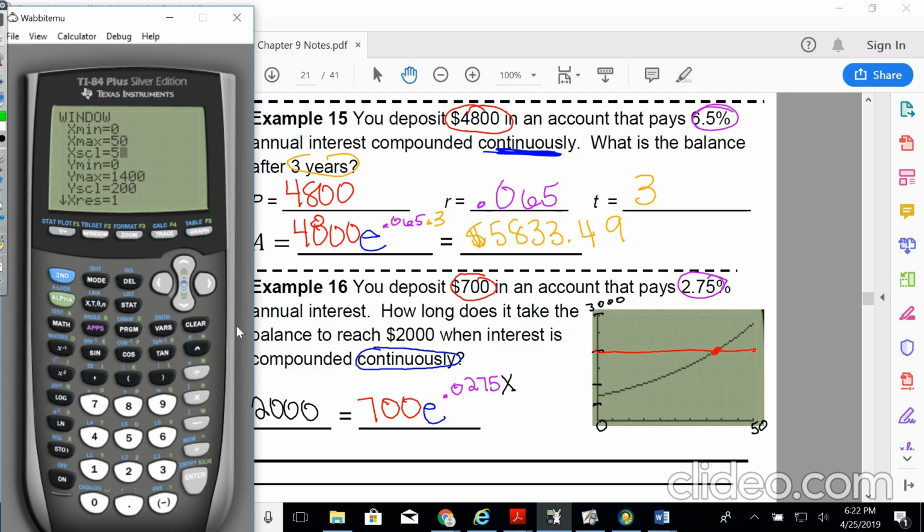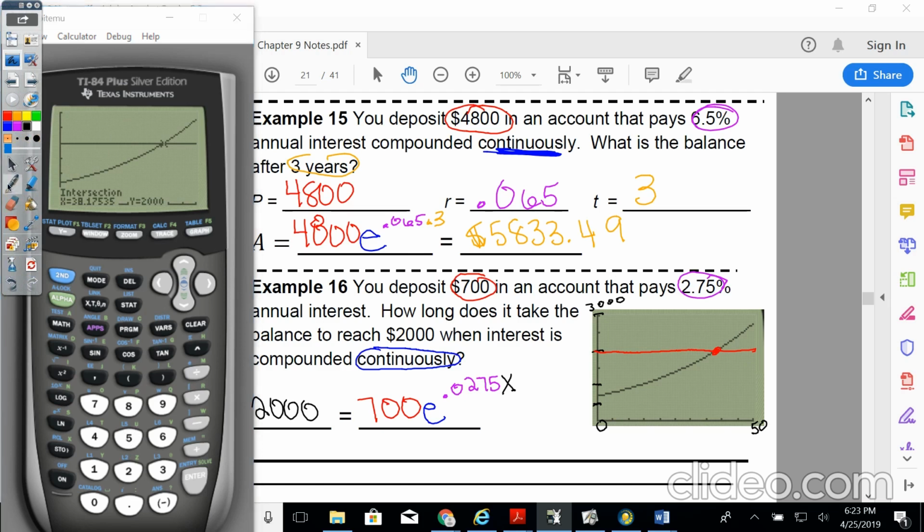That doesn't really make a difference when you graph it. On the y, it's 0 to 3,000, because you always want the top number higher than what you're looking for. This one counts by 500s, but again, without the scale it'll still graph it for you. So this is the graph that was given. Here comes my 2,000. To find that point, we do second trace number 5, enter, enter, enter.